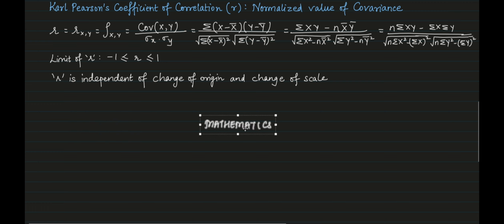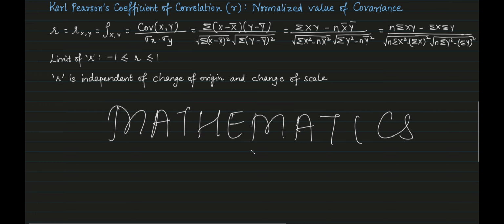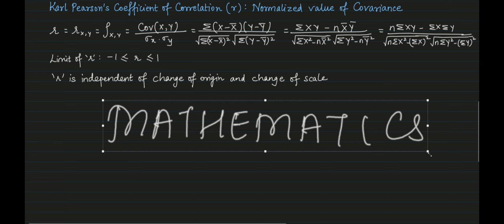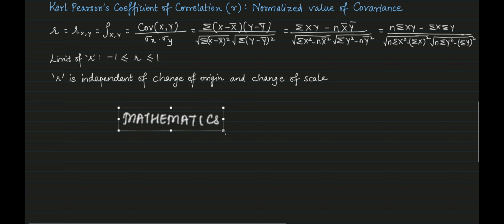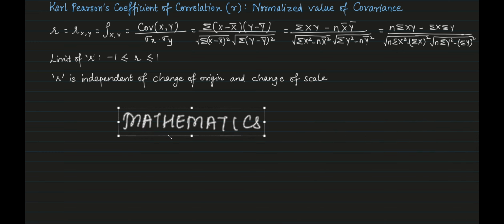Basically, when it comes to numbers, we add a constant to all the observations or subtract a constant from all the observations. When it comes to scaling, all the observations are multiplied by a factor, or all the observations are divided by a factor. So when we change the origin or change the scale, the value of r still remains the same. We'll illustrate this by an example.